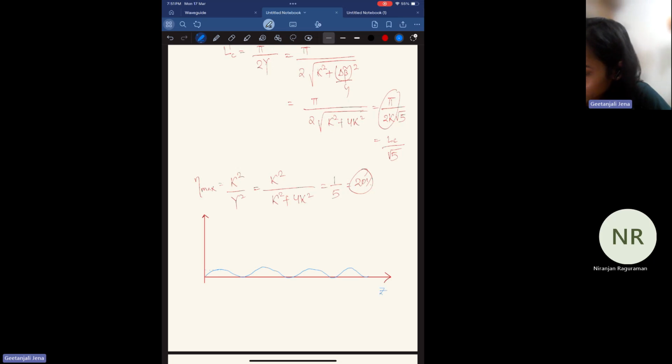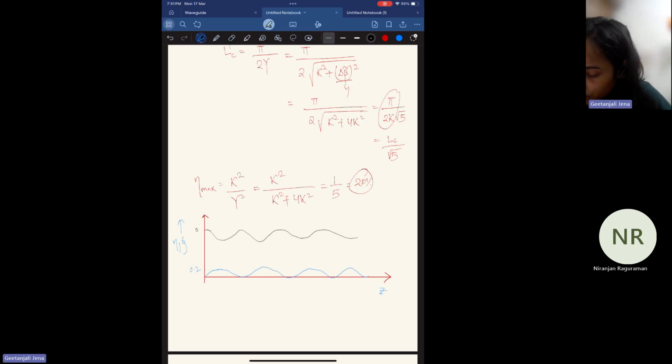So this is Z, this is eta. 0.2 will remain in port 2 and it will be like this.